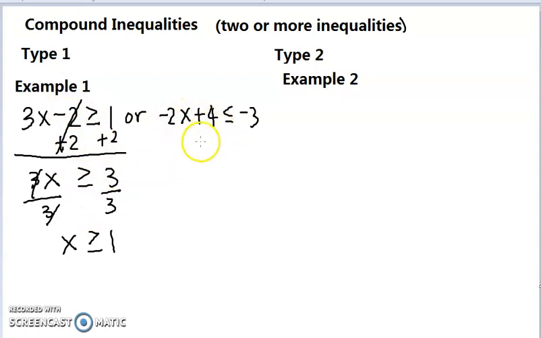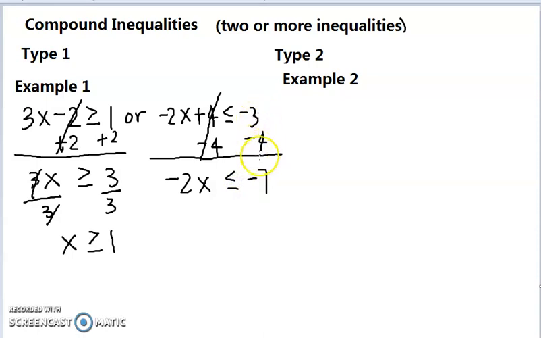Now the second inequality, we're going to solve it to get x by itself. So we subtract 4 from both sides. So we have negative 2x less than or equal to negative 7, because negative 3 minus 4 is negative 7. Now we need to divide both sides by a negative number, which is negative 2. And when we do that, we have to remember to flip the sign.